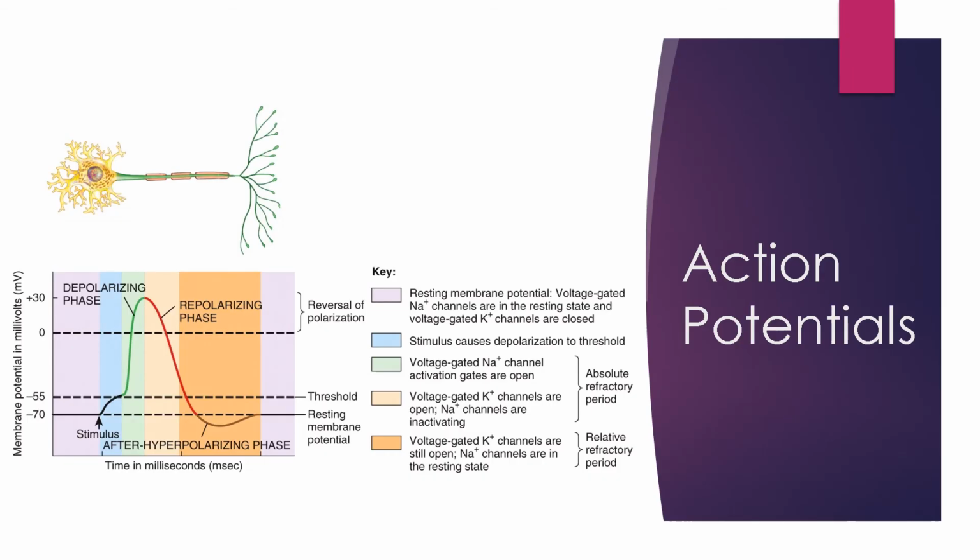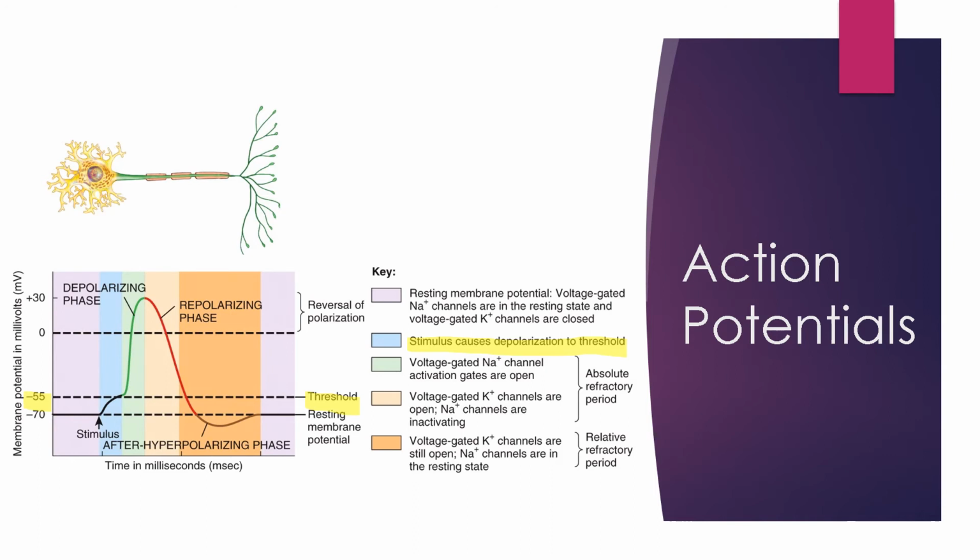So an action potential occurs in the membrane of an axon of a neuron when depolarizing reaches a certain level. This certain level is called threshold. And this depolarizing level, this threshold, is negative 55 millivolts in most neurons. Once we have enough stimulus to bring depolarization to threshold, this sets in motion a set of events that brings about an action potential.